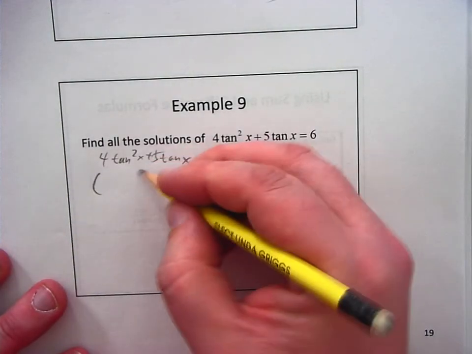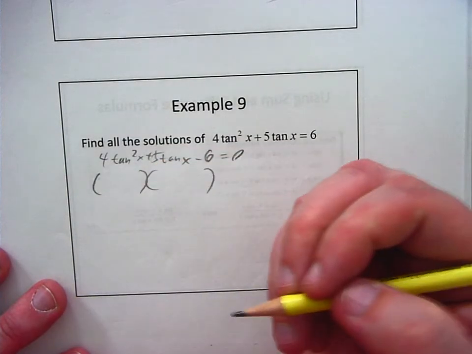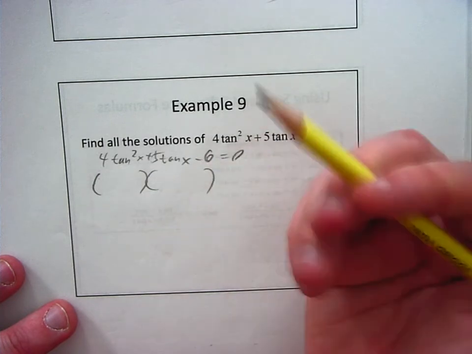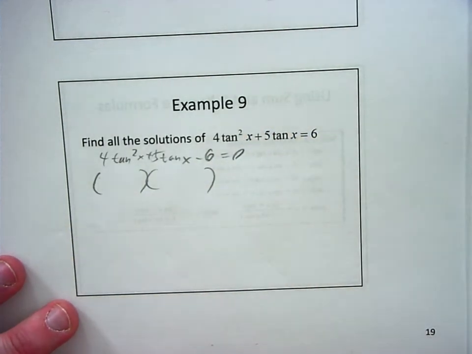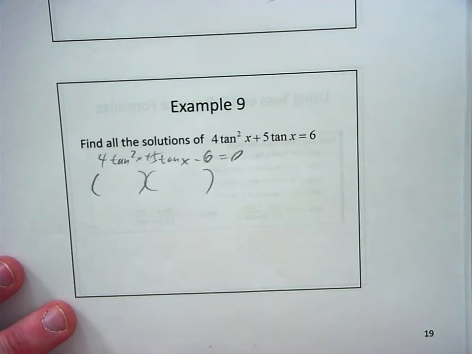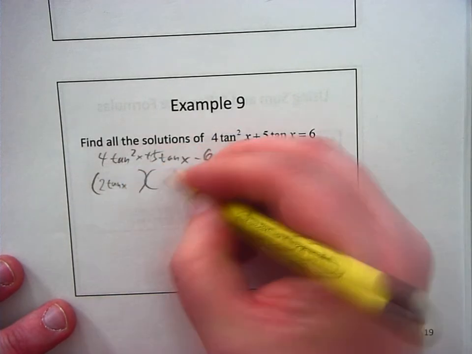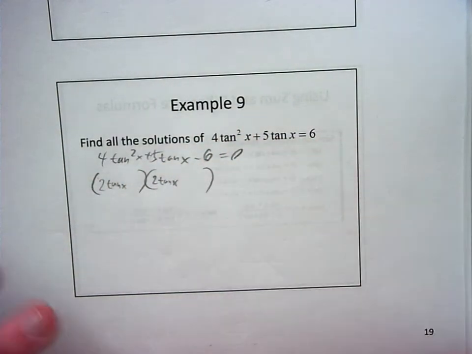That's going to factor into, there's more than 2 ways to do it, but yes. There's 2 ways to do the first number. You want to do 4 tangent and 1 tangent, or 2 tangent and 2 tangents? 2 and 2? Two tangent and 2 tangent.